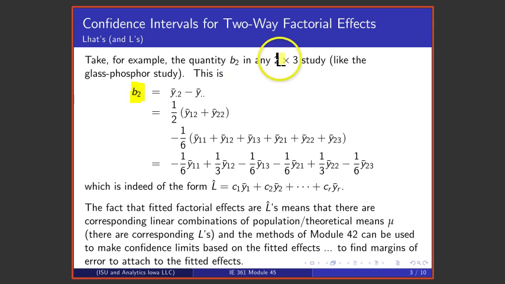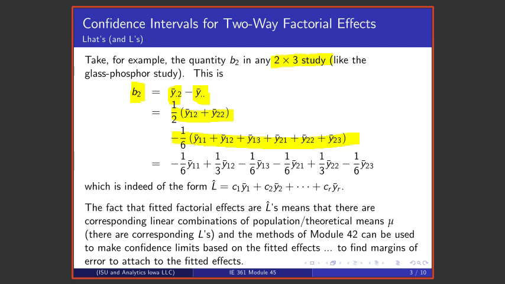So for example, in a 2x3 factorial study, like the glass phosphor study, the main effect of factor B at level 2 is a column average for the second column minus a grand average y bar. That means it is an average of 2 y bars minus an average of 6 y bars.